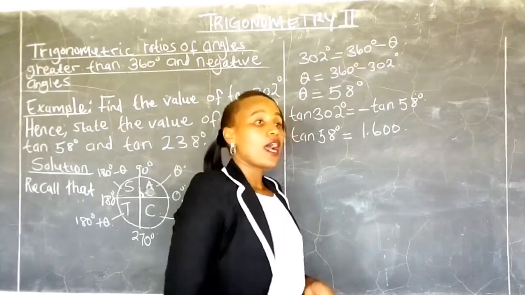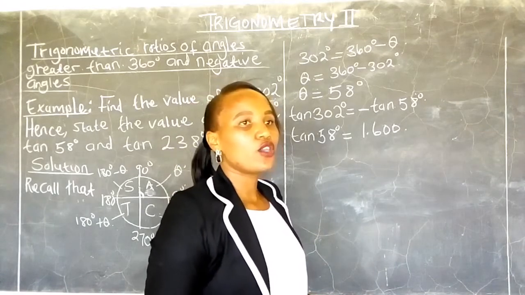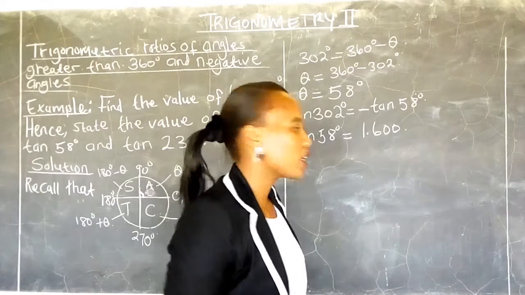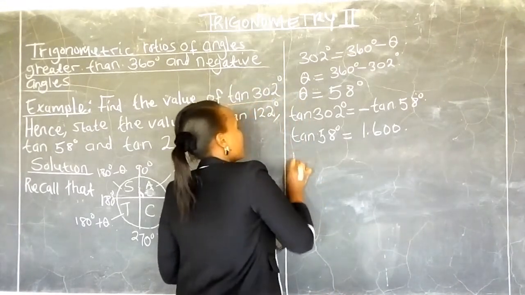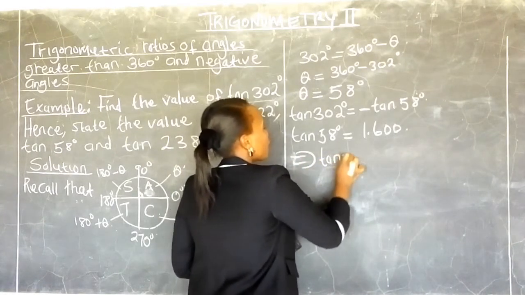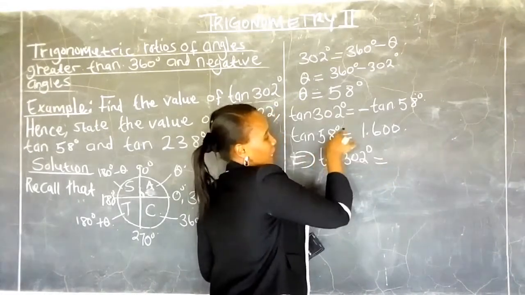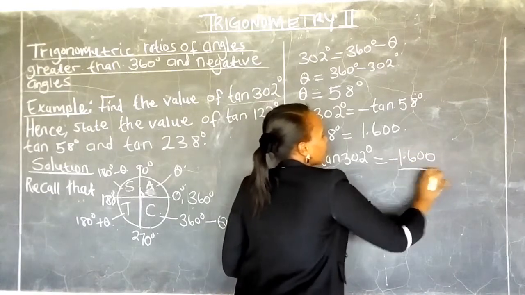Remember, I advised you to always write your answers in 4 significant figures. Never forget that. Now, if this is the case, then tan 302 degrees is equivalent to tan 58 degrees, but it's supposed to be negative.